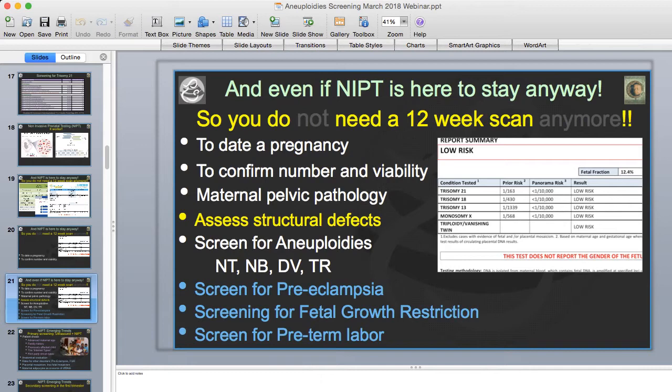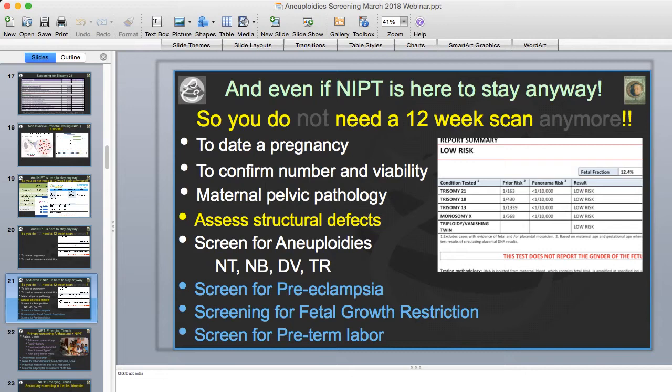And the good thing is that it's been extended to not just aneuploidies but a whole lot of other things, and therefore forms what is called the extensive change in our thinking, which means we diagnose earlier and earlier, and we get answers earlier and earlier, and we give not only answers for aneuploidies, but we give answers for a whole lot of things, including structural defects, screening for preeclampsia, growth restriction, and preterm labor, which actually constitute a much larger amount of disease in the mother and pregnancy than Down syndrome by itself.